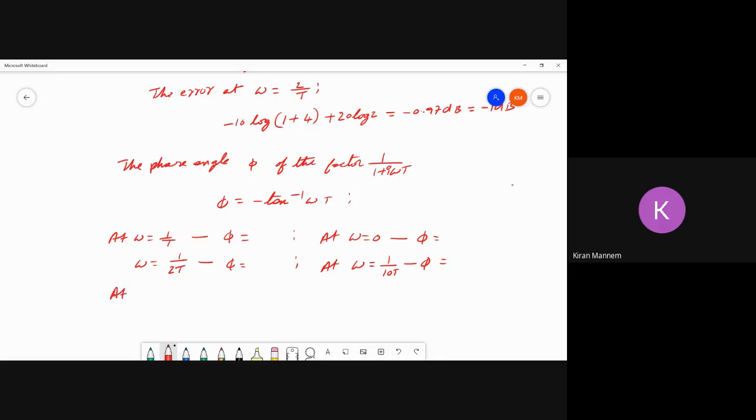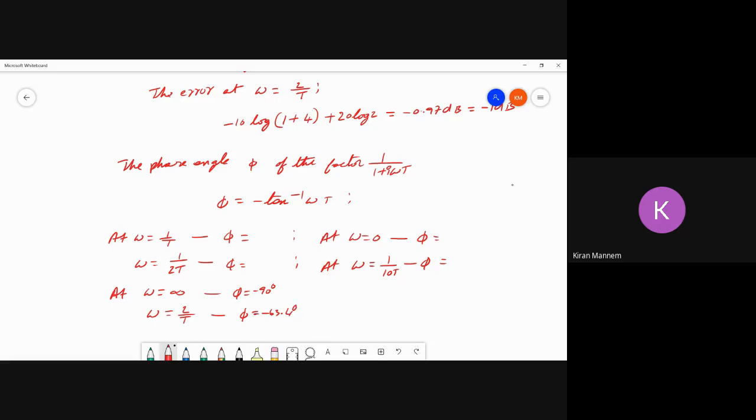At omega equal to infinity, the value will be minus 90 degrees, and at omega equal to 2 by t, that is double the frequency, it will be minus 63.4 degrees.